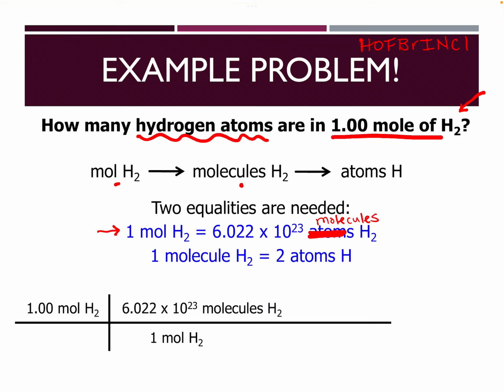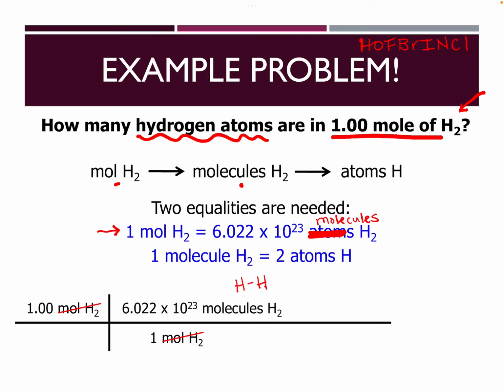All right, so we can go ahead and convert, with 1 mole of H2 on the bottom and Avogadro's number of molecules of hydrogen on the top. Okay, so we see that our units are going to cancel and we get molecules of H2 on the top. But it doesn't want molecules of H2. Our problem wants hydrogen atoms, so individual hydrogen atoms. This H2 means 2 hydrogens that are bonded together.